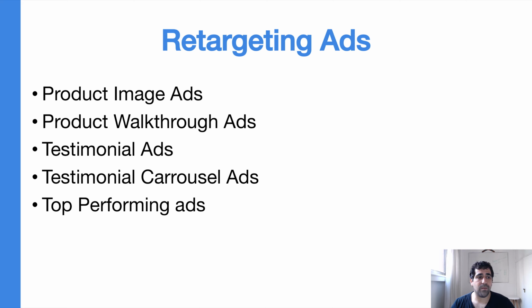And then you are going to be using these product image ads and product walkthrough ads, and you are going to create an ad tailored towards those who visited the page but haven't purchased, and you're going to be using that product walkthrough because they already know what your product is, and therefore these ads tend to work really, really well.